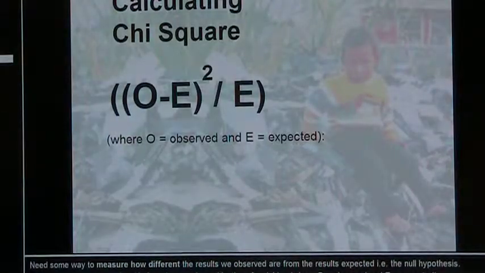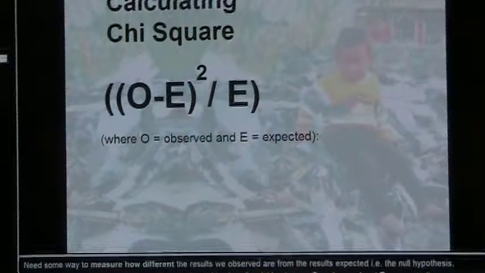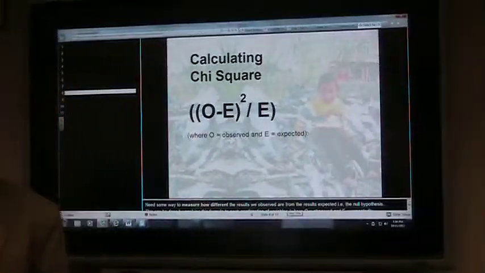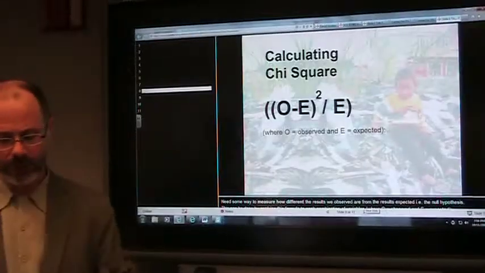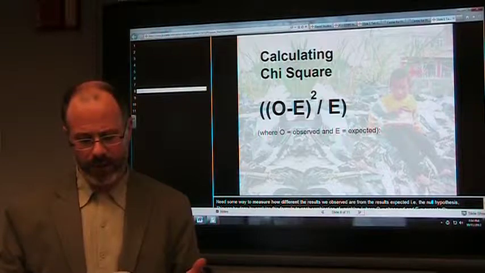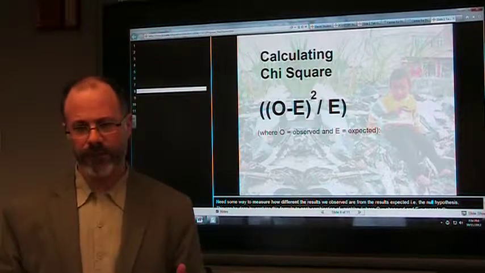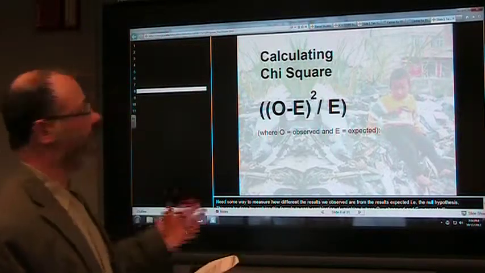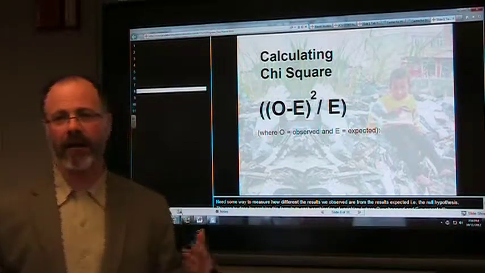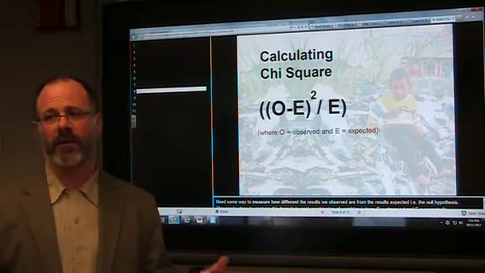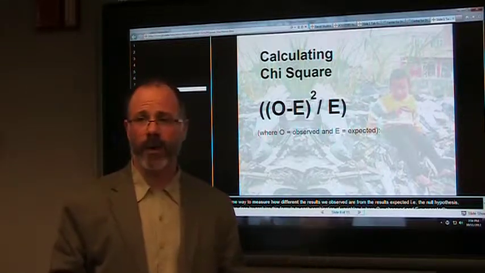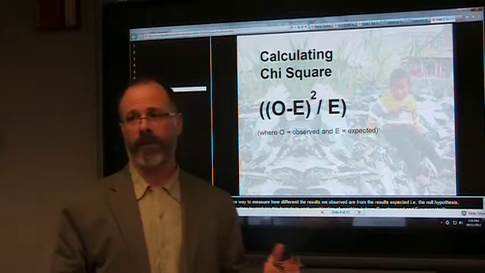Excellent. Okay, now we've calculated our expected frequencies, and now what we can do is with our expected frequencies and our observations, we can now come up with a chi-square number.